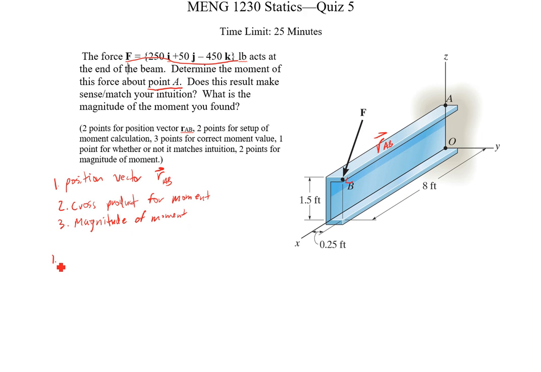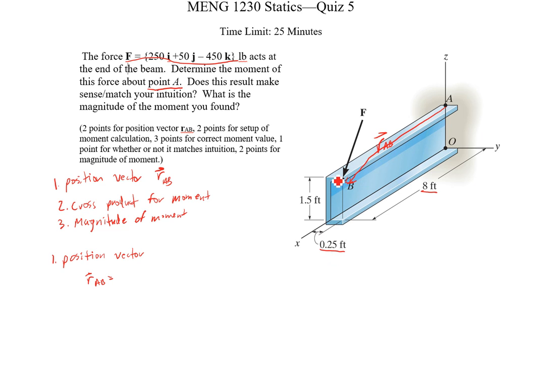So step 1, position vector RAB. We're ending up at B, starting from A. In the x direction, we're going all this way, so 8 feet in the x direction. In the y direction, we're moving from the xz plane over this way, so we're going this far in the y direction.